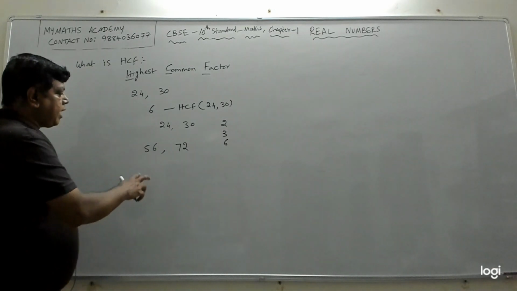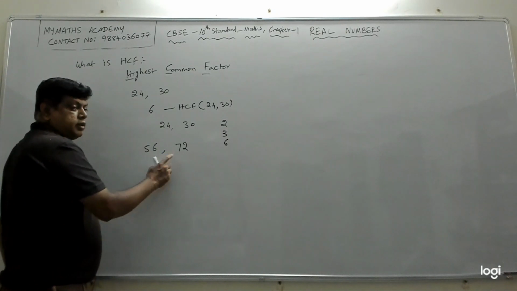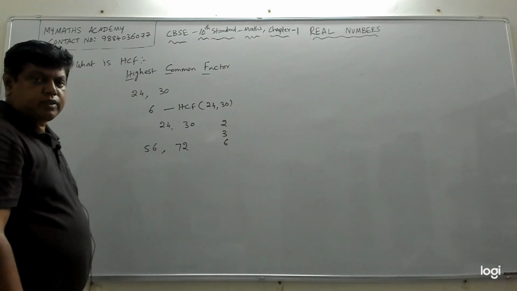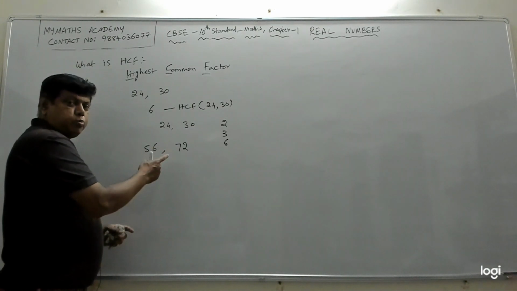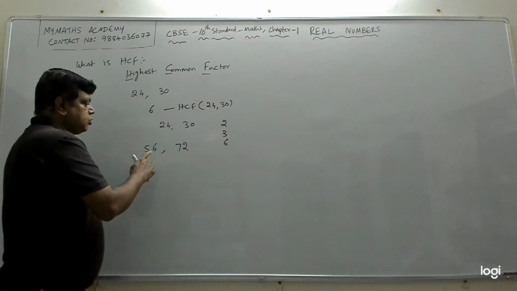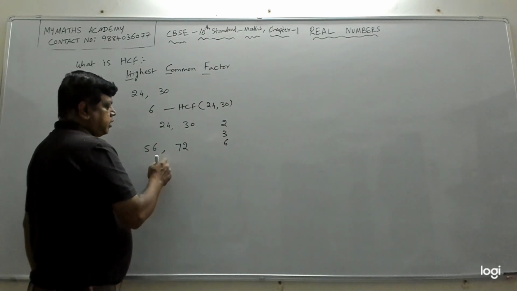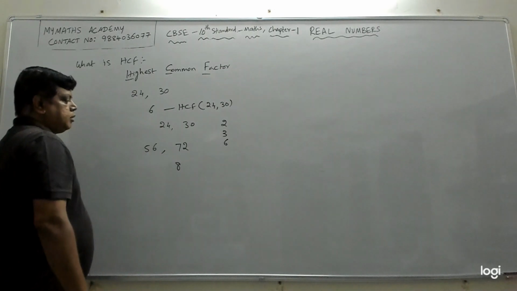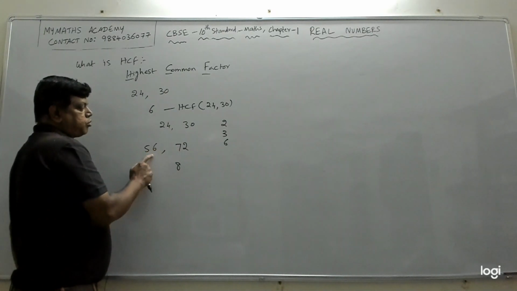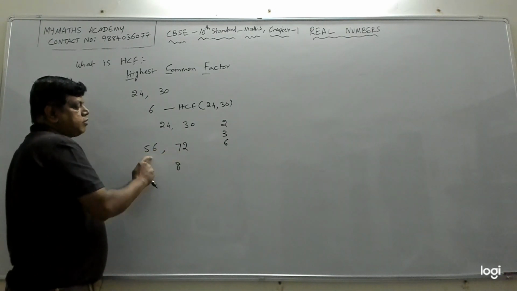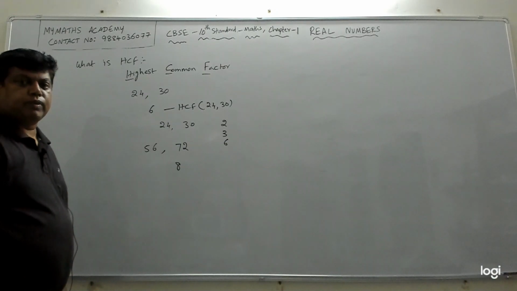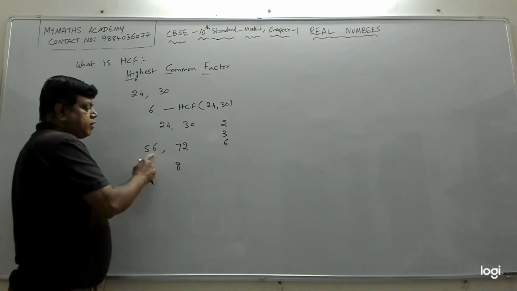Now you need to find the highest number that will divide both. Highest common factor means a factor which is common to both, but that should be the highest factor. So if you see these two, 8 is the answer, because 8 is the greatest number that will divide both. We cannot have any number greater than 8 that will divide both.